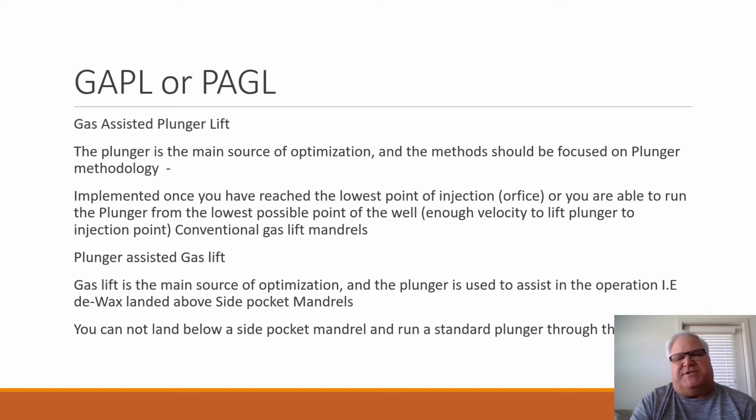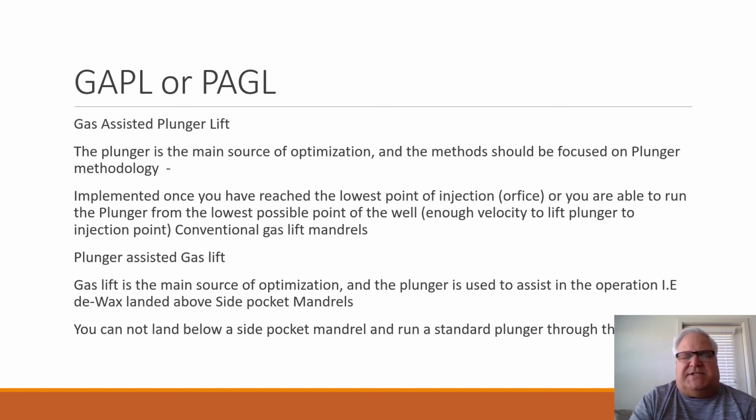PAGL, which is plunger assisted gas lift, really is a slightly different mindset. You're really a gas lift well that the plunger is helping. So if you were, let's say, 3 or 4 mandrels above the lowest injection point, you might run a plunger for wax control, or it'll even just help you get lower into the well because you're lifting that fluid a little more efficiently.